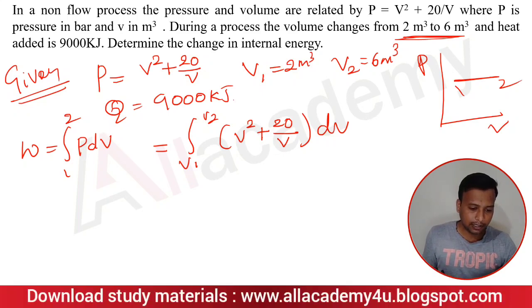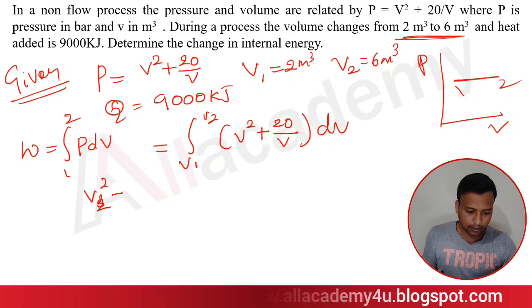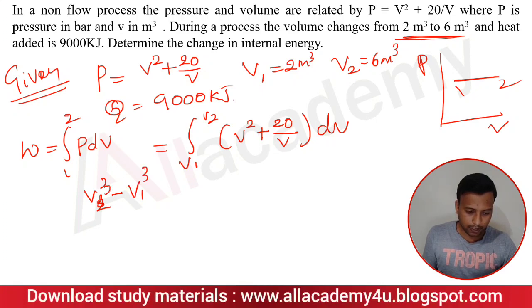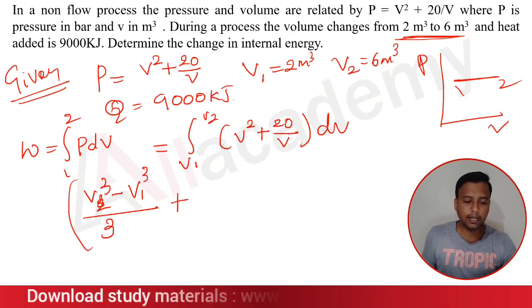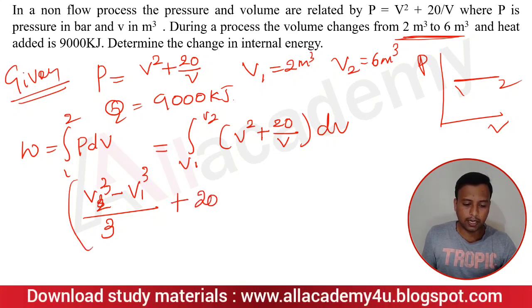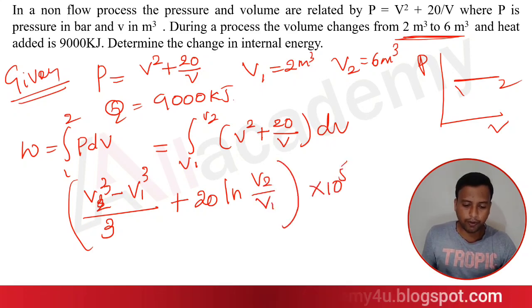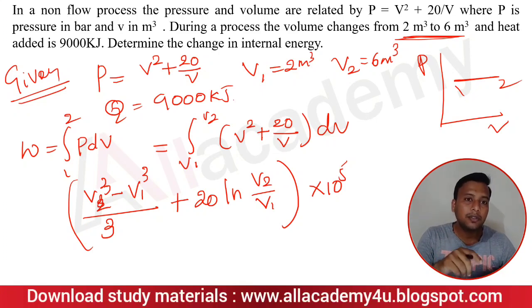If I integrate this, I will get V2 cube minus V1 cube divided by 3 plus 20 ln V2 by V1, into 10 raised to 5. Now why have I taken this 10 raised to 5?